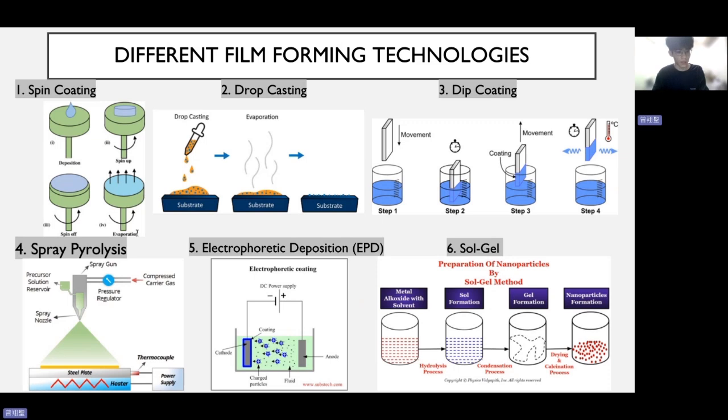Sol-gel method involves hydrolysis and condensation of metal oxide to form a gel, followed by drying and calcination to create nanoparticles or films.